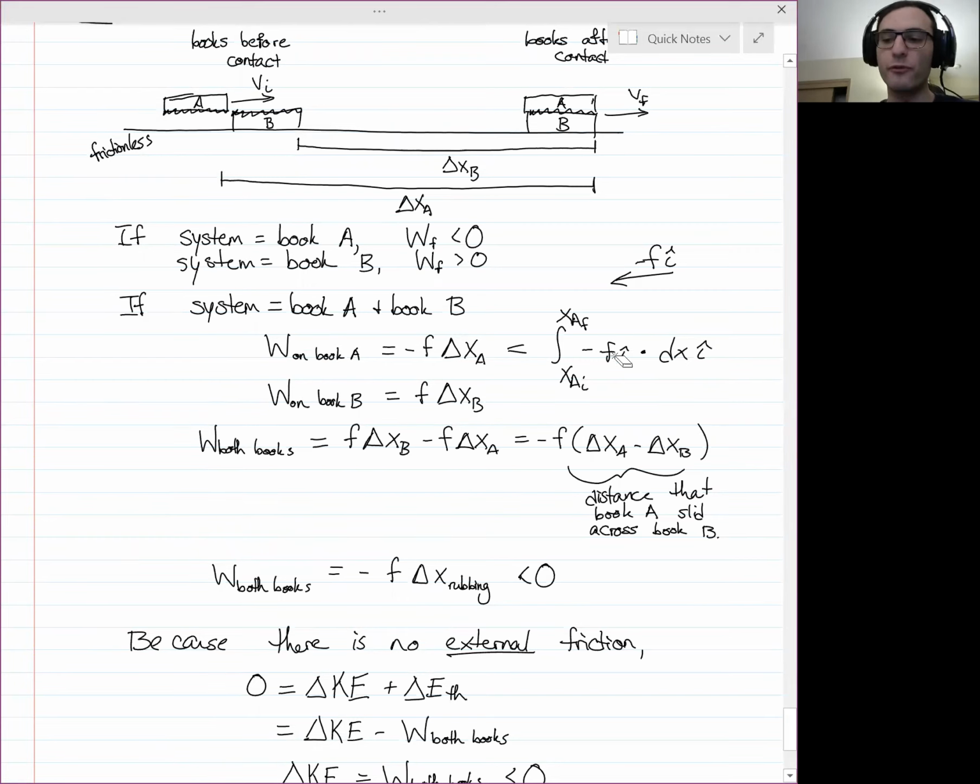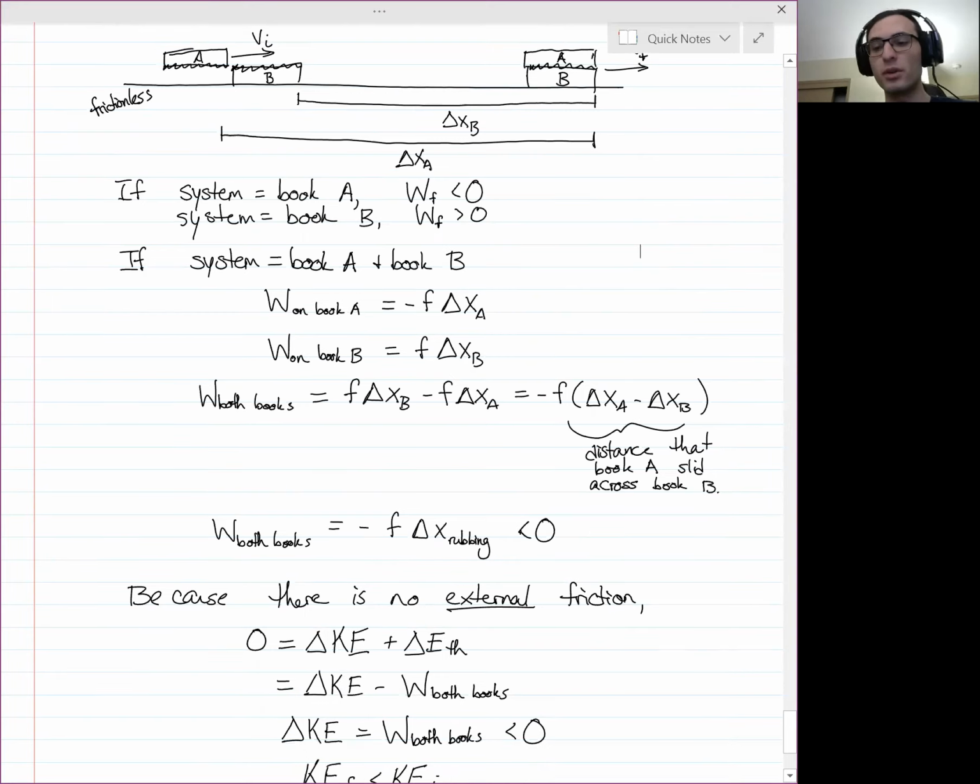Whereas for the force on book B, the force is in the right-going direction, and so the force there is positive. When you find the total work done, you just add the two up. And we find that they're the same, except they have different values for the lengths that they've traveled.